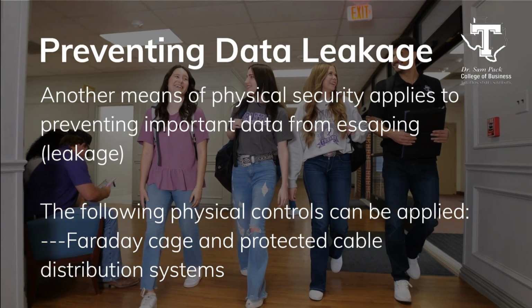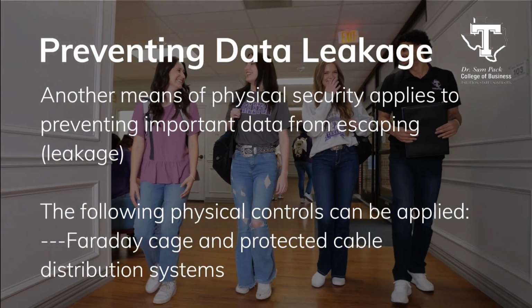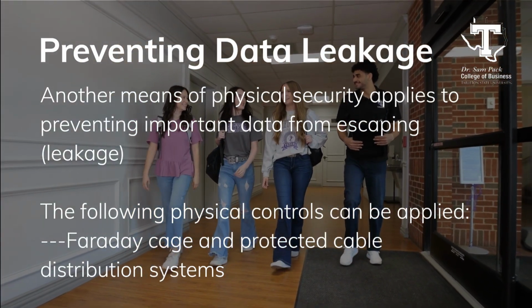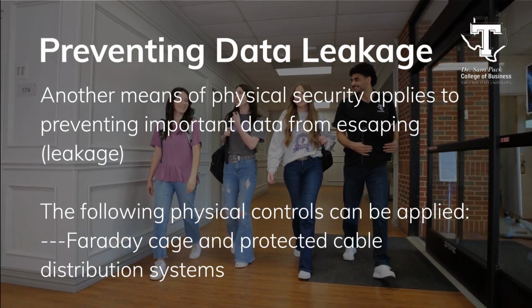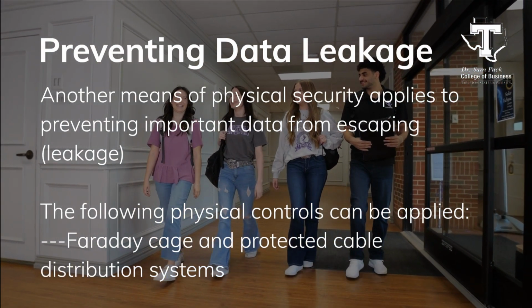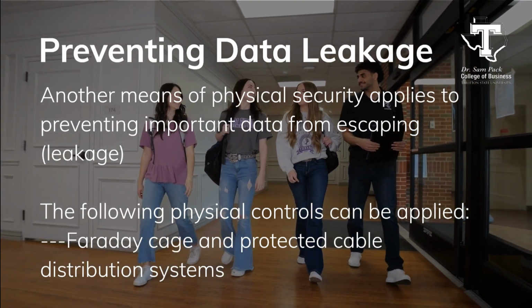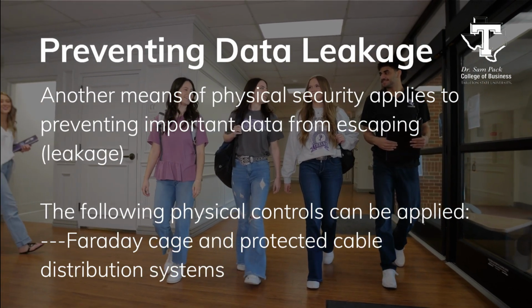By enclosing electronic devices or entire rooms within a Faraday cage, electromagnetic signals, including wireless data transmissions, are prevented from entering or exiting the enclosure. This is crucial for securing environments where sensitive information is processed or stored, as it protects against electronic eavesdropping and remote hacking attempts via radio frequencies.